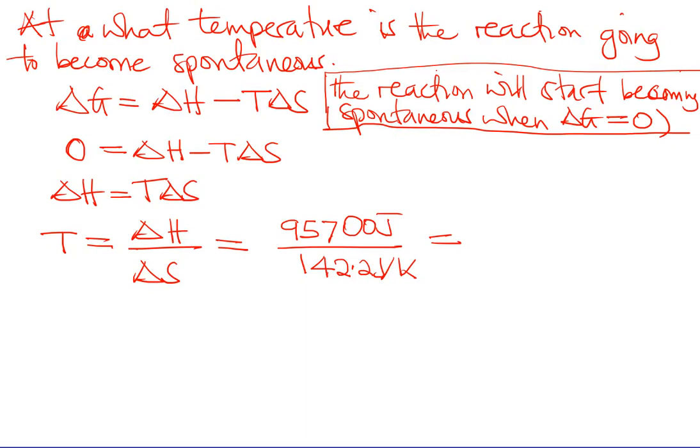Now when you divide those, you get 95700 divided by 142.2. So you have the temperature, because this one cancels with this. You have the temperature of 673 Kelvin.